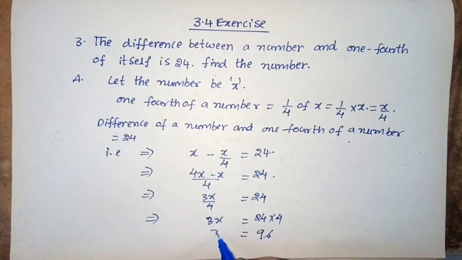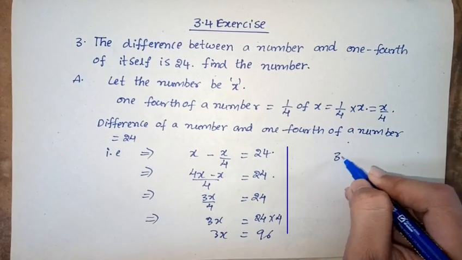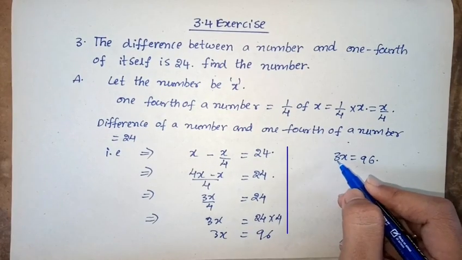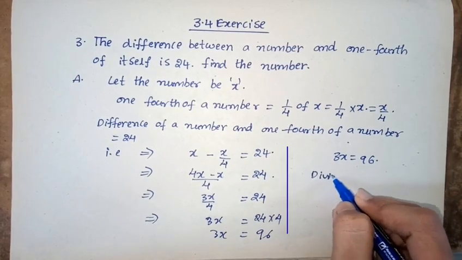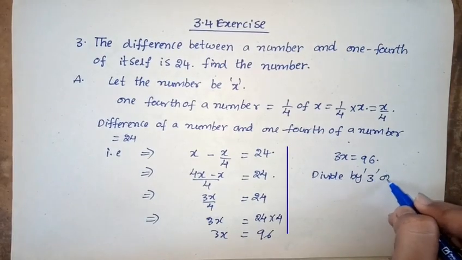So 3x is equal to 96. Now remove 3 by dividing both sides by 3.